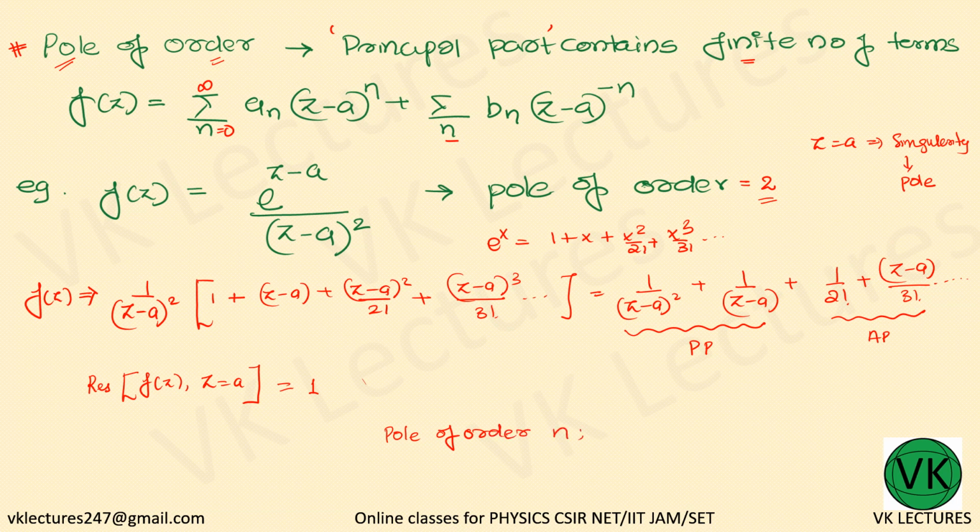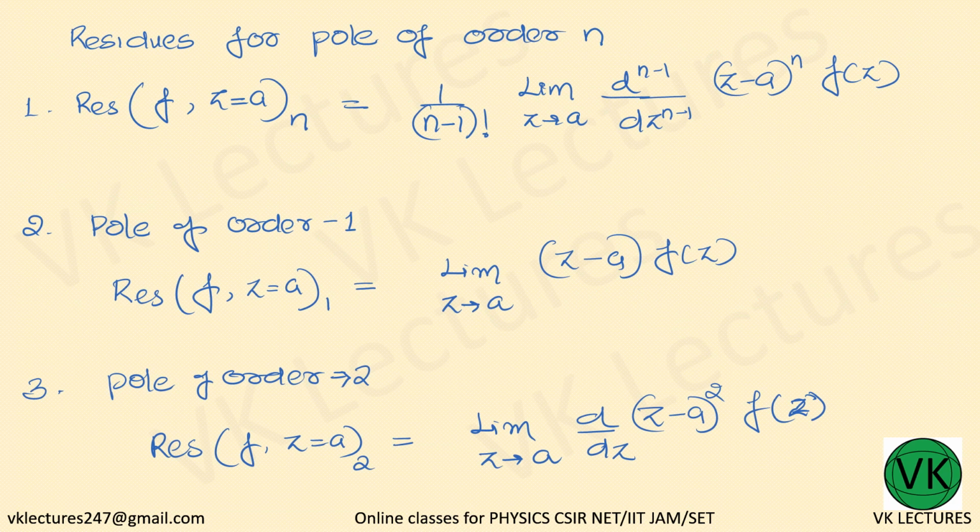The residue of the function f of z at z equal to a, for the pole of order n, is equal to 1 by n minus 1 factorial into the limit z tends to a of the n minus 1th derivative of the function z minus a to the power n times f of z. That is for nth order.